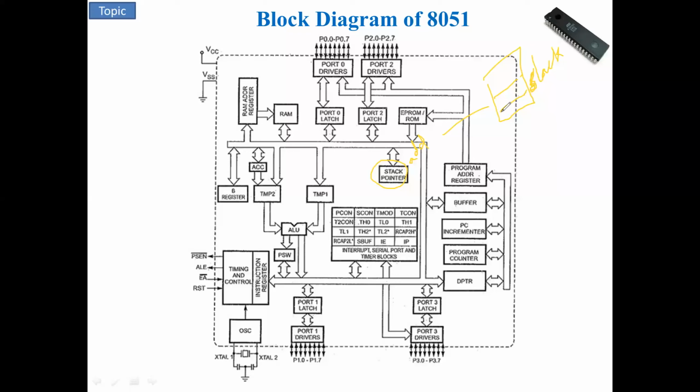For example, when I develop a program, I have a sequence of locations dedicated for the user. If I want to push some data inside this stack and take it out after some time, I can use these locations for loading a sequence of data.